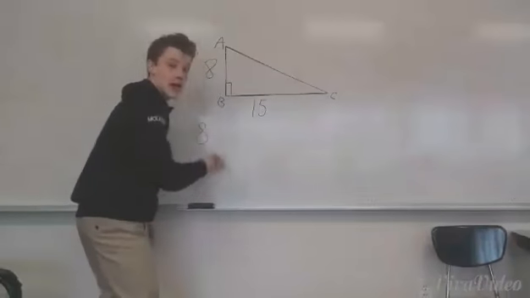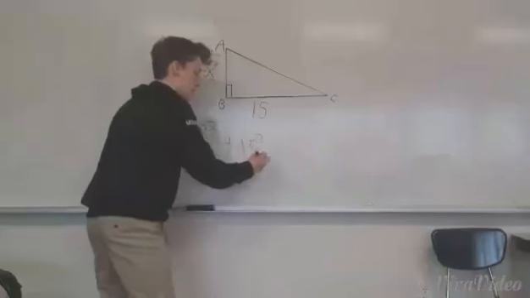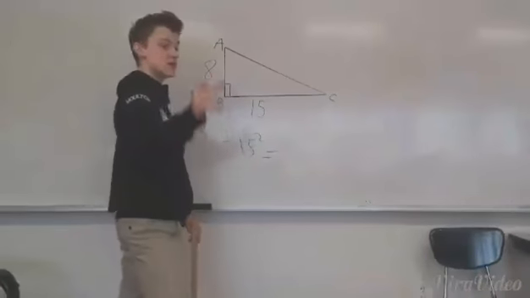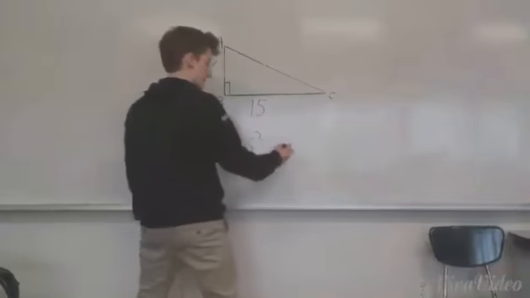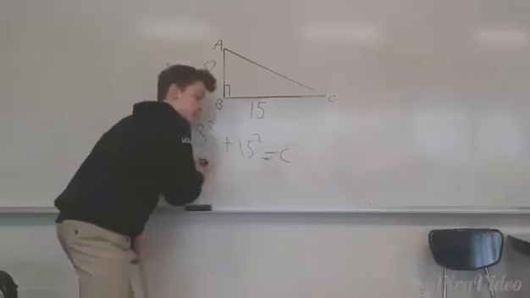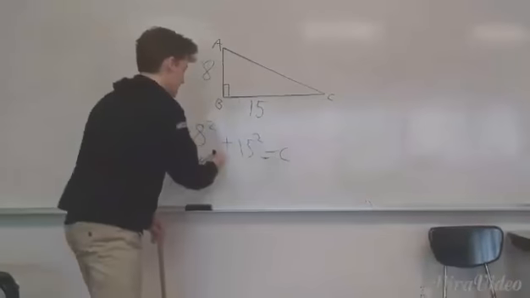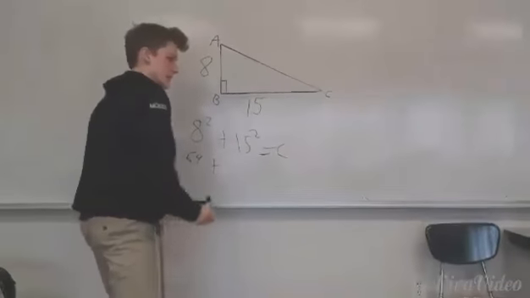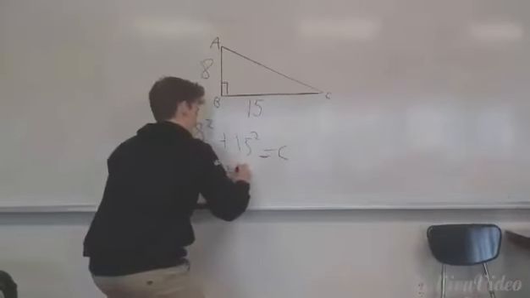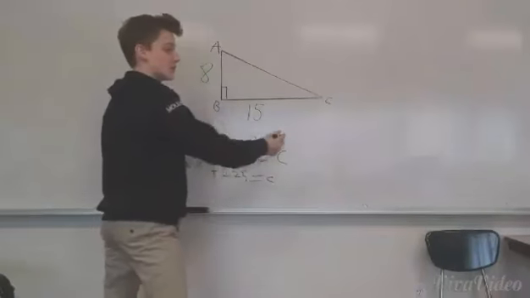Real quick. 8 squared plus 15 squared equals C squared. C is what we're trying to find. This is the hypotenuse. So 8 squared is 64, plus 15 squared, which is 225.